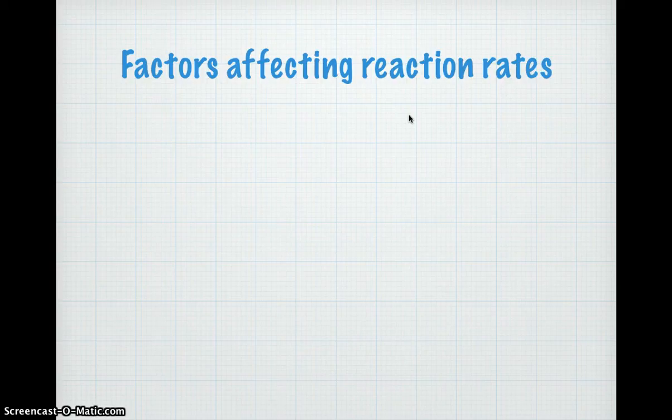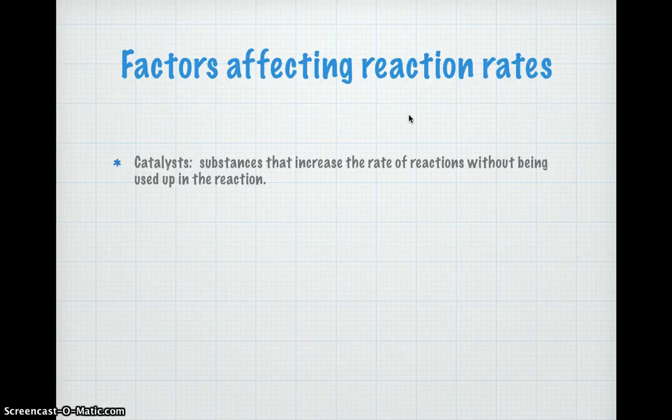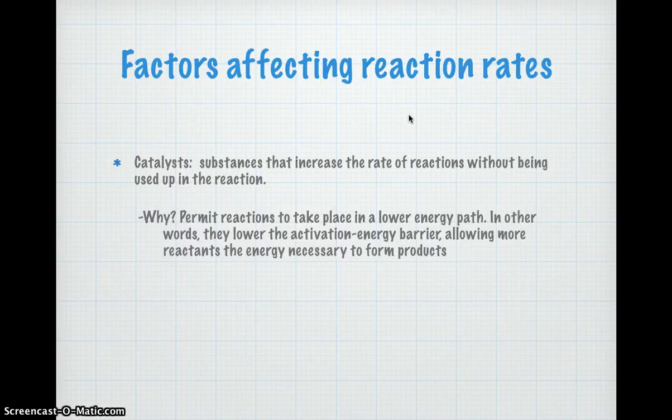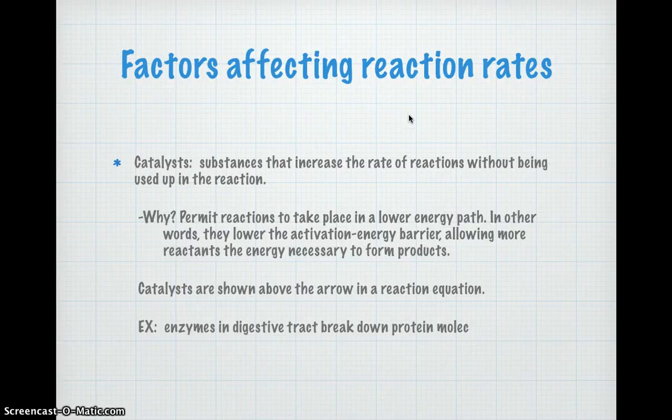Catalysts allow the activation energy barrier to be lowered, and that allows for more products to form. All right? Catalysts are shown above the arrow in a reaction equation. So above the arrow in the equation, you will see it.